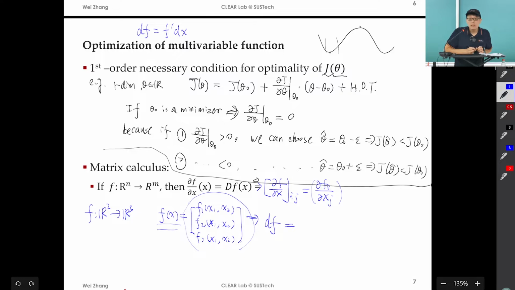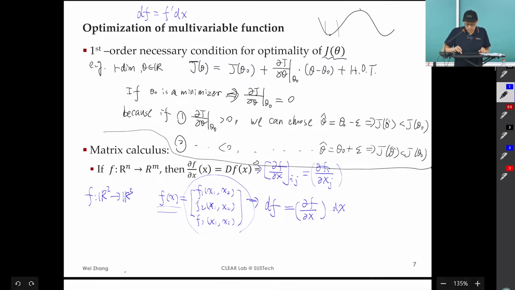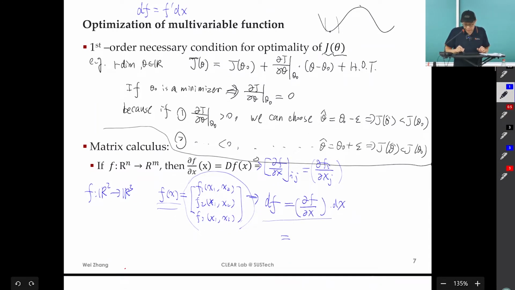Is that true? The derivative of f, if it's just one variable, one output, right? In the scalar case, it's nothing but partial f, partial x times dx. If I write like this in the future, you shouldn't think just scalar case. You should think in this way because you know the definition of this guy, right?